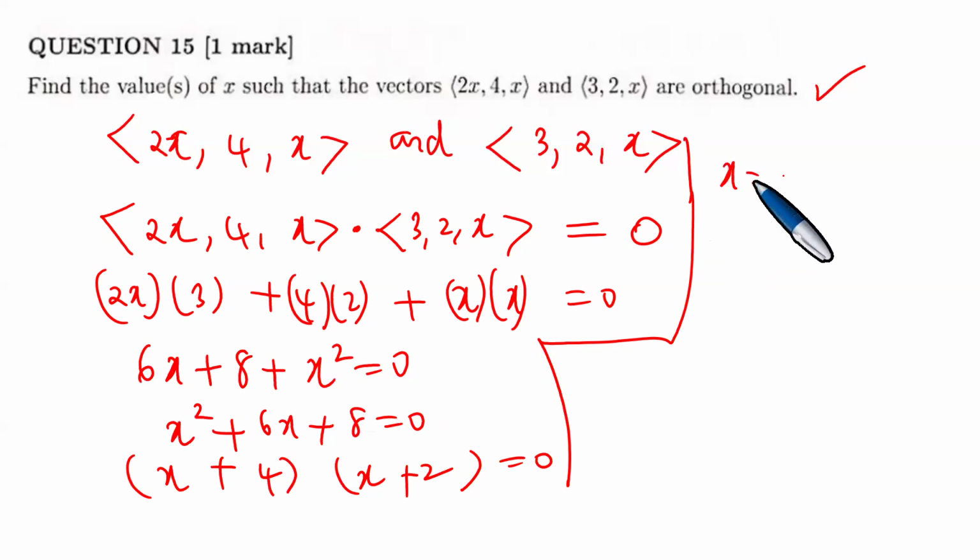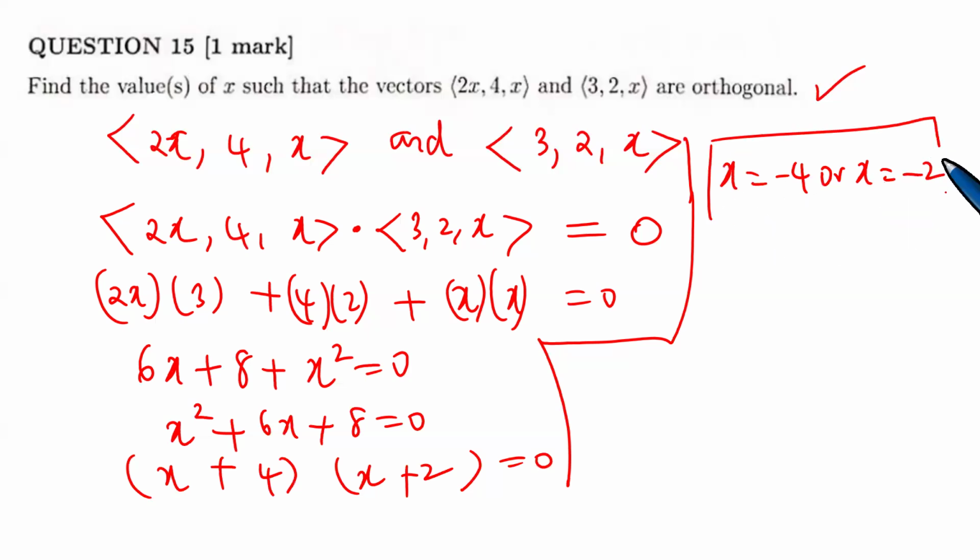So we have x equals minus 4 or x equals minus 2. And therefore, this becomes the answer.